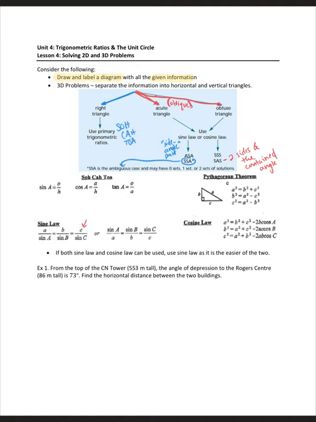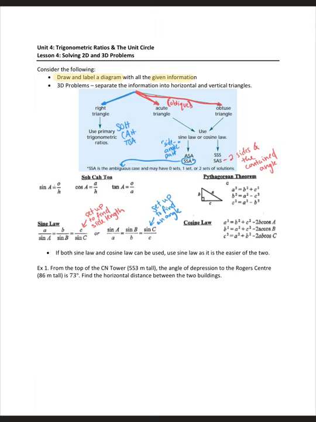If we are trying to find the side, then we put the side length on top. So that's the setup to find side length. And then this over here is the setup to find an angle. You've got 2 options there when you're using sine law.